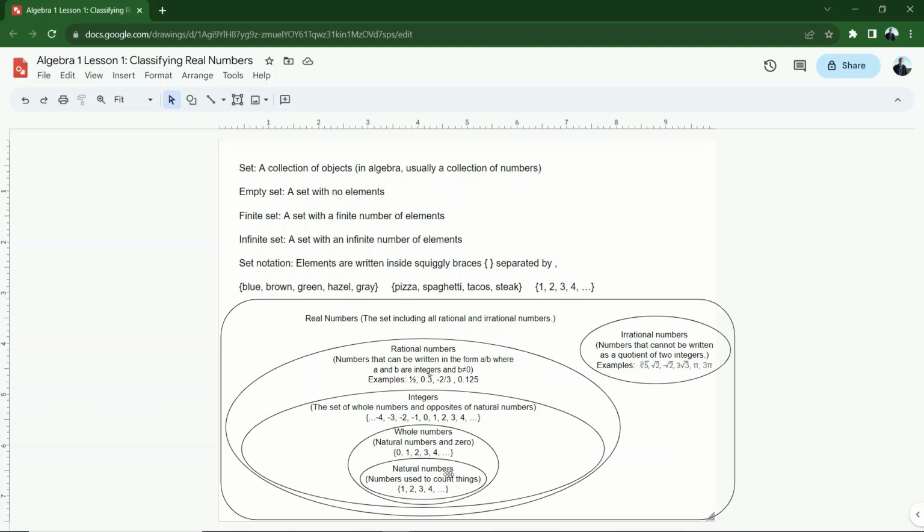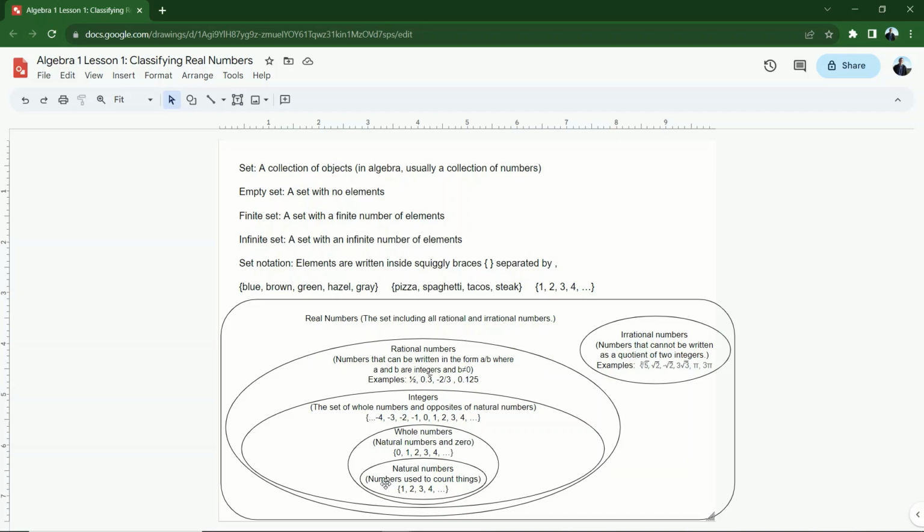First of all, the natural numbers are also called the counting numbers. They're the numbers that are used to count things. Notice I start counting at 1 and then go to 2, 3, 4. When I'm counting things, like let's say I'm counting sheep as I'm trying to go to bed at night, I'm going to have 1, 2, 3, 4, not 4.5. I don't count halves of things. I count whole things.